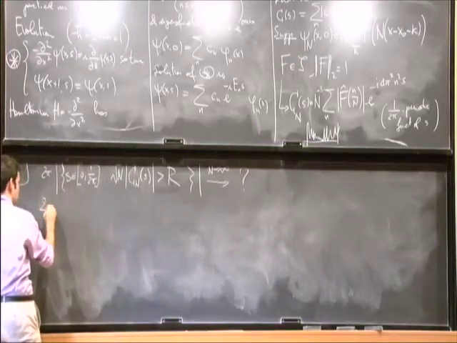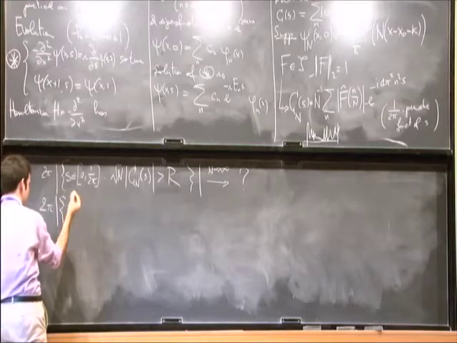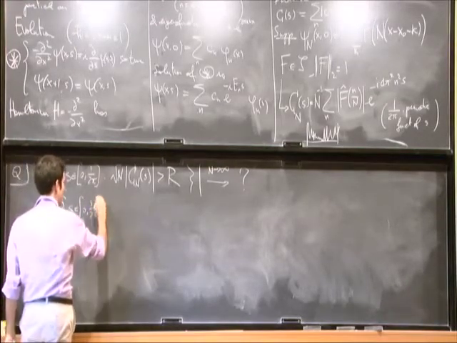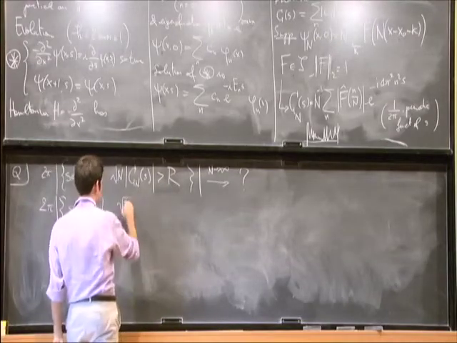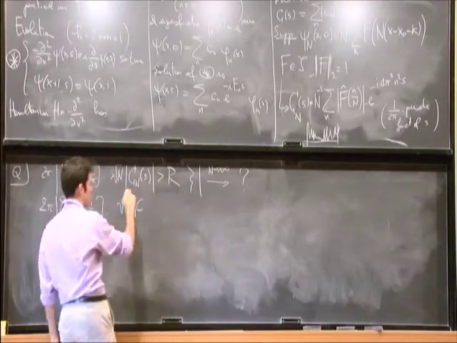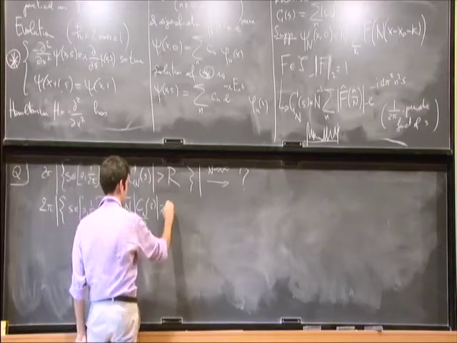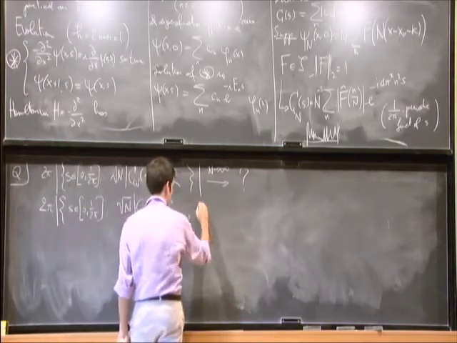Second, the same type of question with an analogous answer. You can look at the same quantity, but instead of looking at n, you can look at n over 2 and n at the same time.